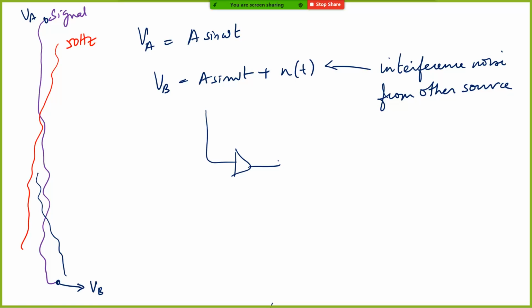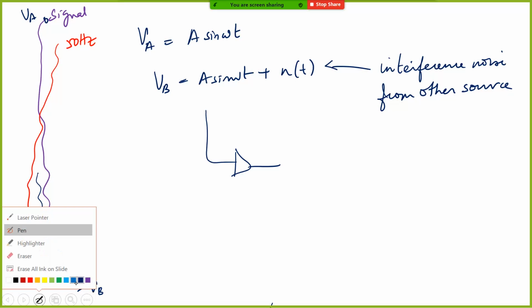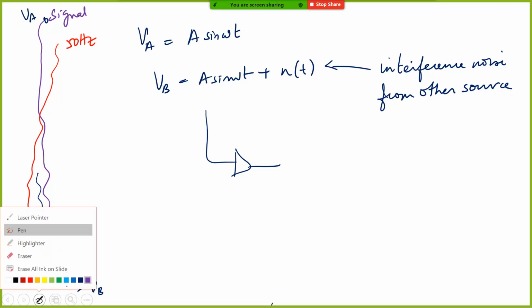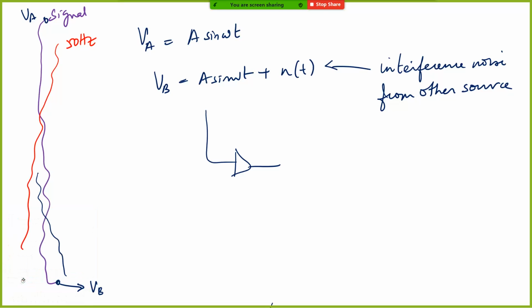So instead of having just one signal line, I'll say this is signal P, and I'll run a signal M, and both are going to run together.